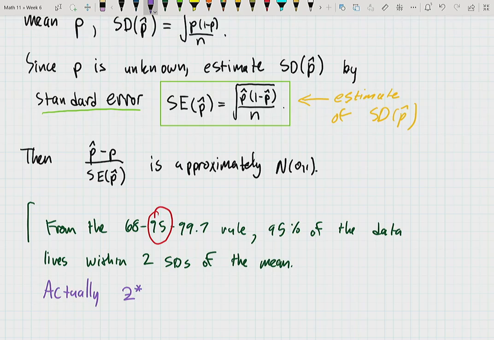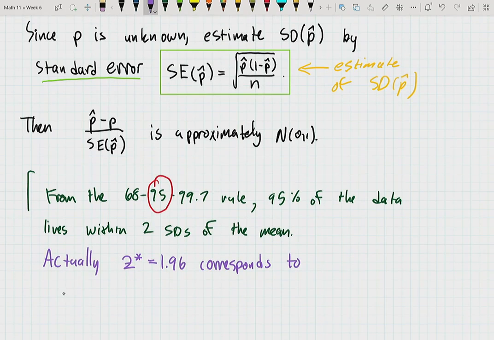So a z-score of 1.96 corresponds to the probability that a standard normal between those two z-values is 95%.